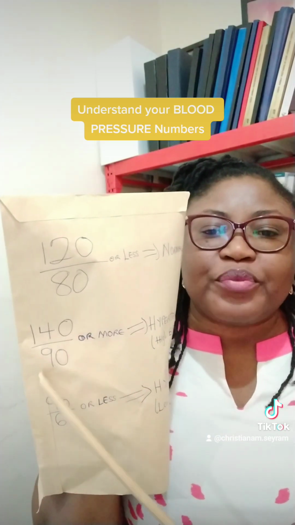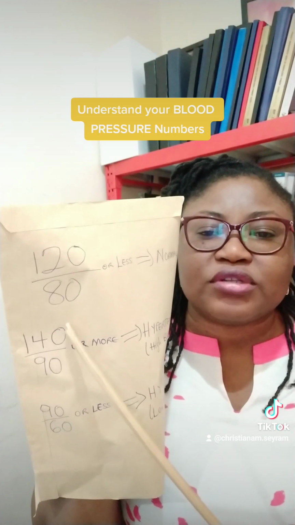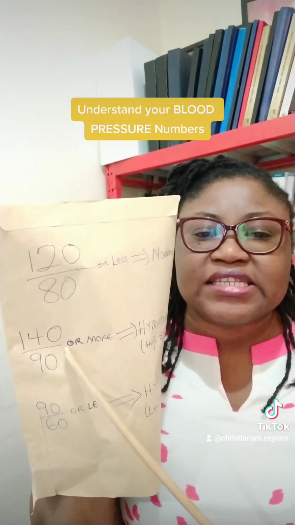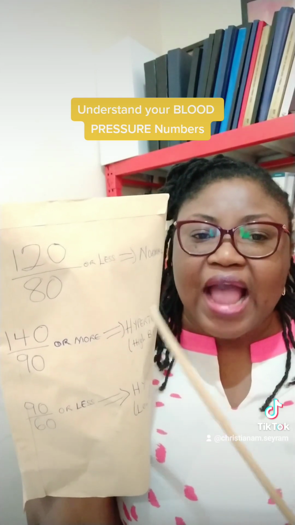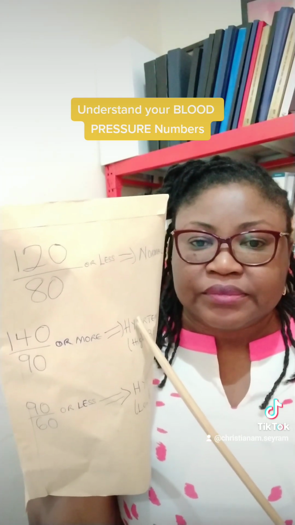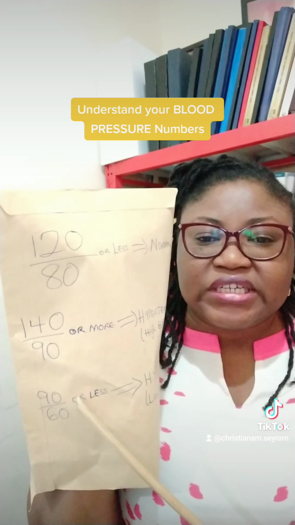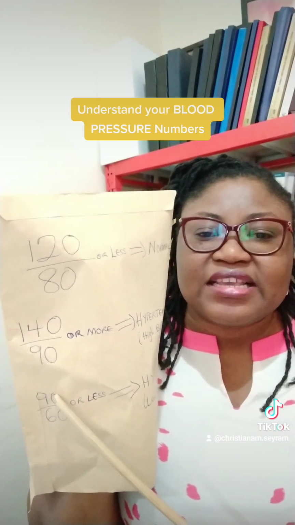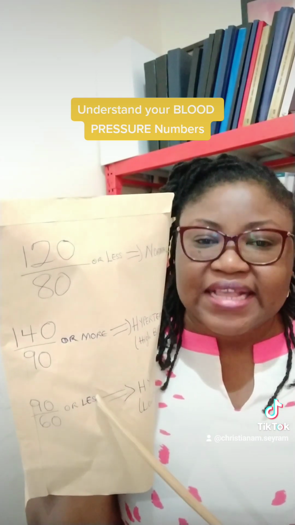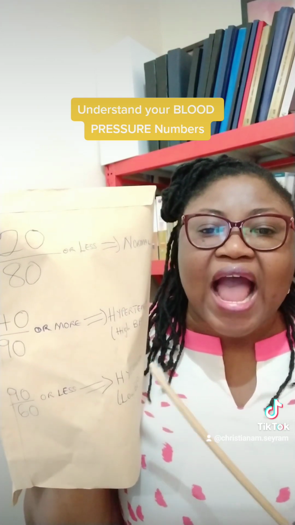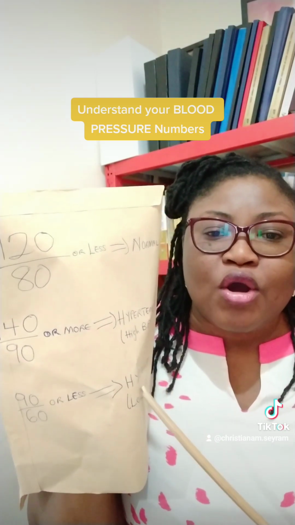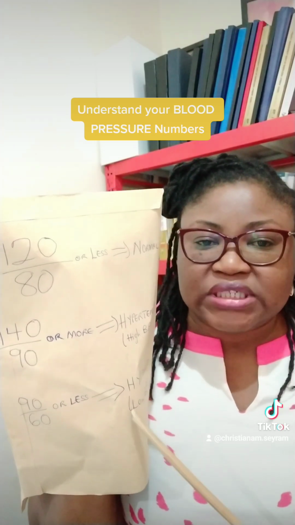Then any blood pressure that is 140/90 or more means the person has hypertension. Then any blood pressure that is 90/60 or less implies that the person has hypotension, or low blood pressure.